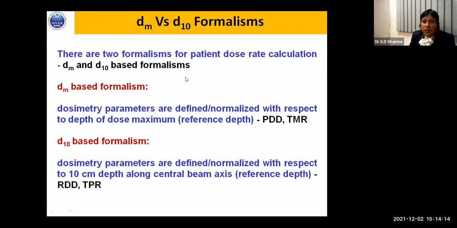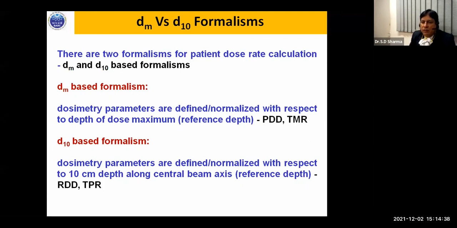Now, as far as dose calculation formalisms are concerned, if you see the whole gamut of literature, there are two approaches. One is the depth of dose maximum based approach, and the other is the depth of 10 centimeter based approach, or you can say reference depth based approach. The depth of dose maximum approach is historical in nature.